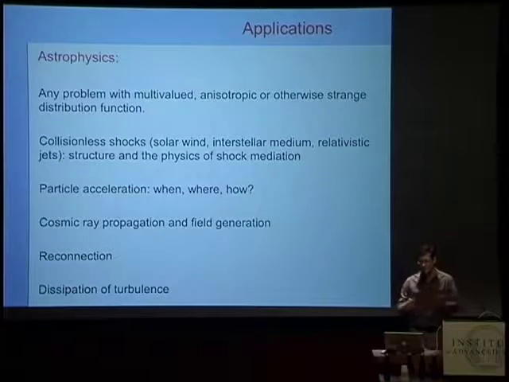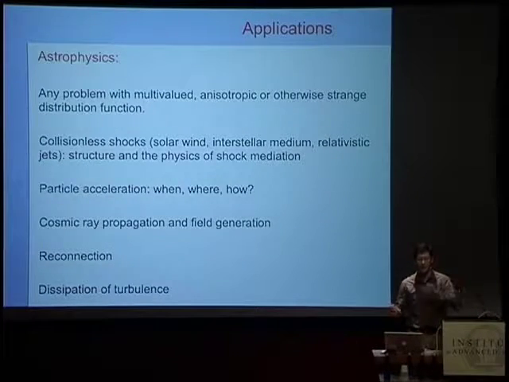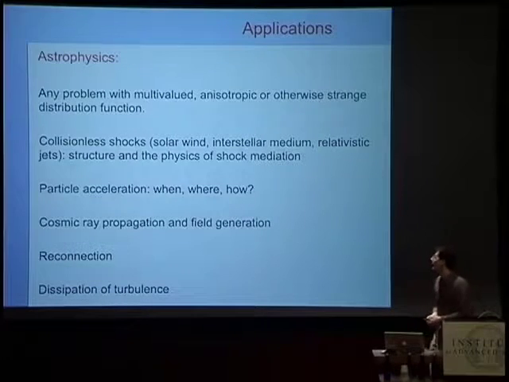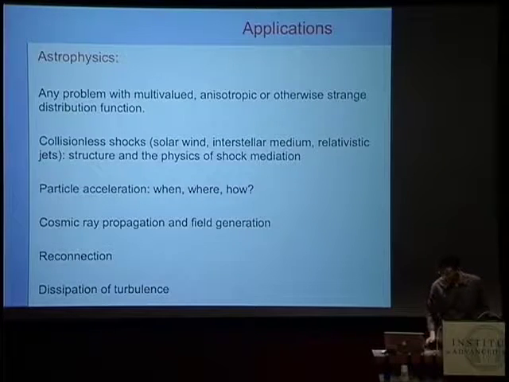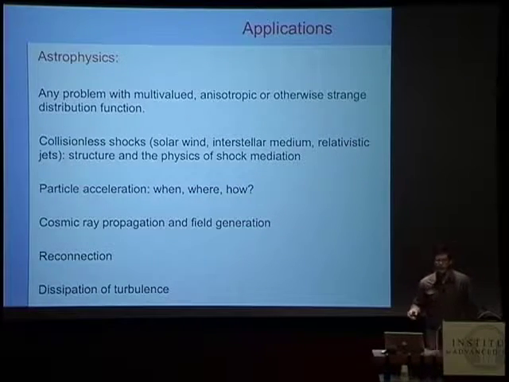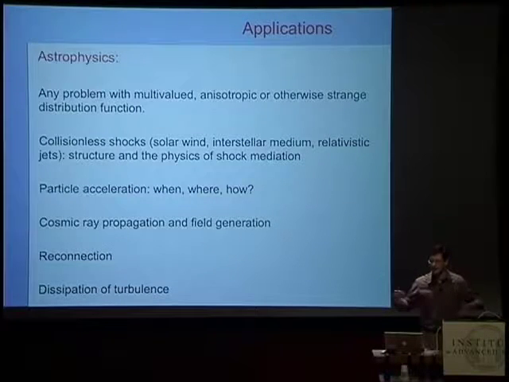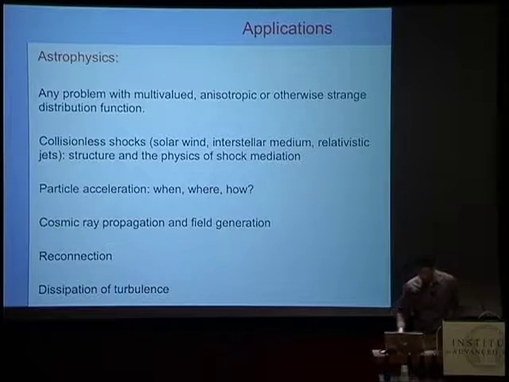Your fluid is not just moving left or right. You may have counter-streaming. You may have fluid going both left and right in the same place. And that's a very common thing in plasma. An MHD moment or a hydro moment will tell you that fluid is not going anywhere. Yet there is a lot of free energy in counter-streaming. And that counter-streaming can lead to instabilities and energy exchange.